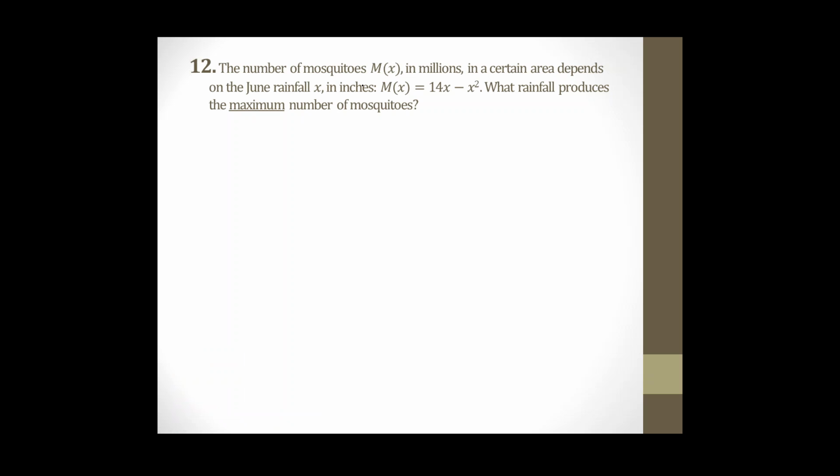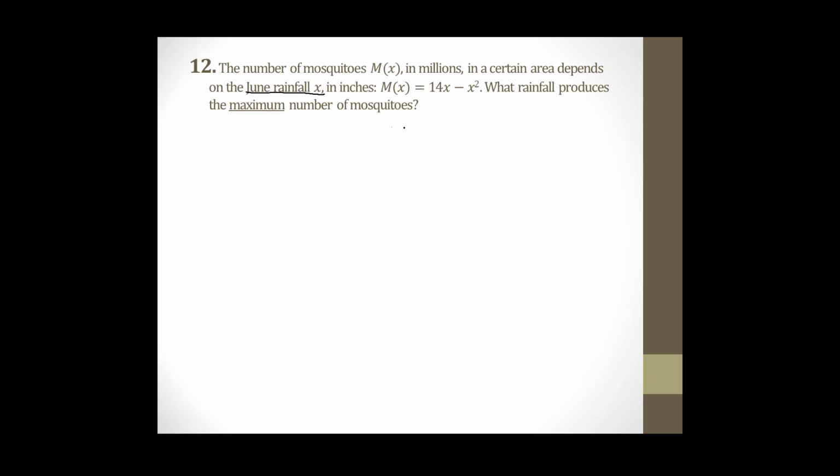The number of mosquitoes, M(x), in millions in a certain area depends on the June rainfall, x. So the rainfall represents the variable x in inches. This is our equation: M(x) = 14x - x². And now the question is, what rainfall produces the maximum number of mosquitoes?